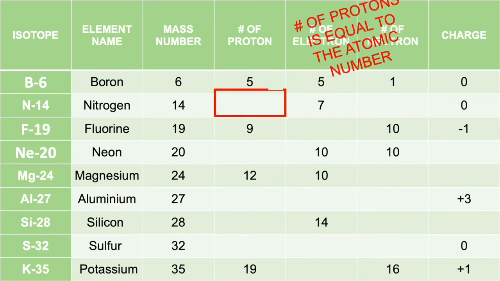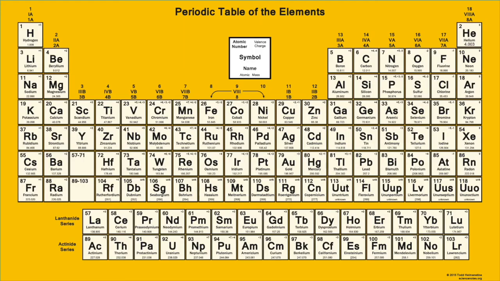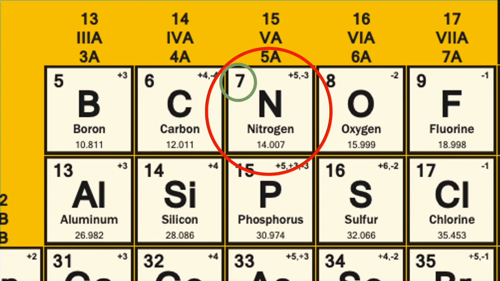Let us proceed to our next element, nitrogen, N-14. Let us use our periodic table of elements to look for nitrogen. Nitrogen is also found at the right side of the periodic table, and it has an atomic number of 7.